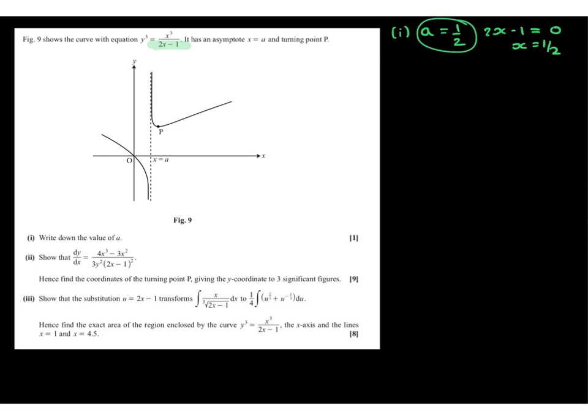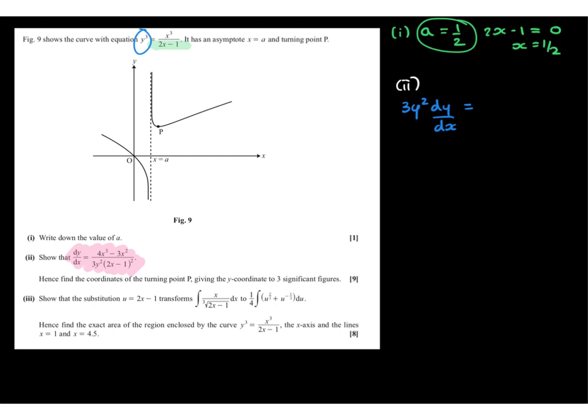Now for part 2, we've got to show that dy by dx is given by this result here. Now, the fact that the answer also contains y squared is a bit of a tip-off that we want to use implicit differentiation here. So, differentiating implicitly on the left-hand side, remember we currently have y cubed, so differentiating I get 3y squared dy by dx.